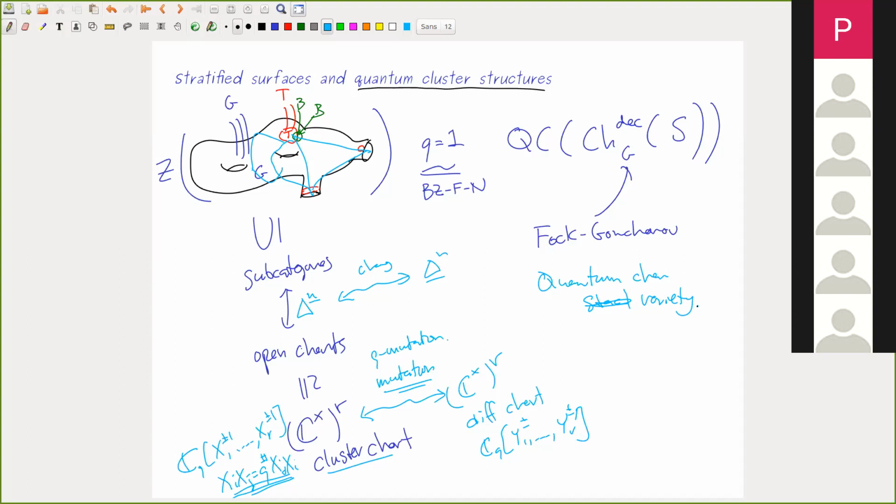They say the quantum character variety is by definition the union of all these rings compatibly with all these quantum mutations. And then they prove a lot of theorems that tell you that this really is a sensible quantization of the moduli space that you started with.